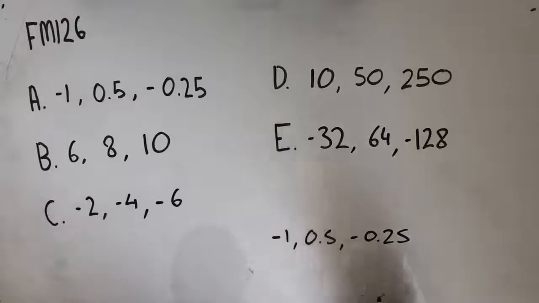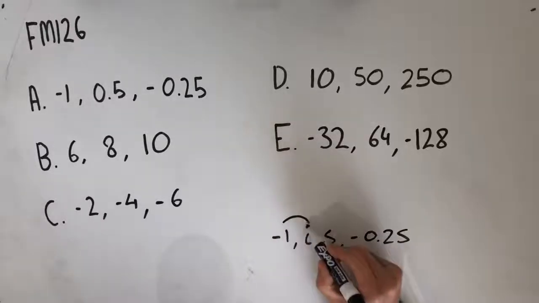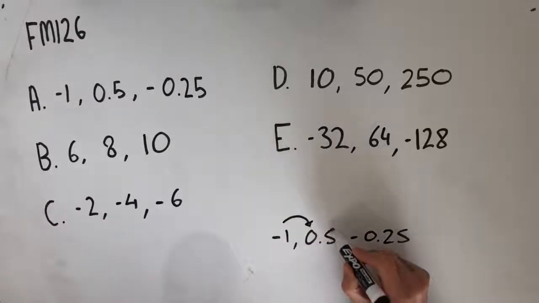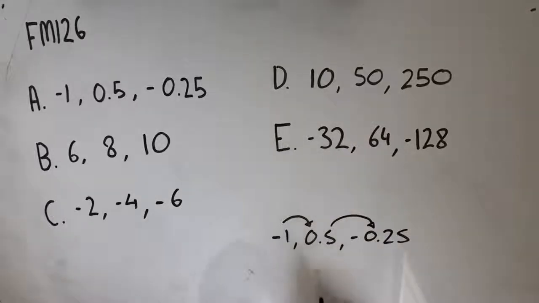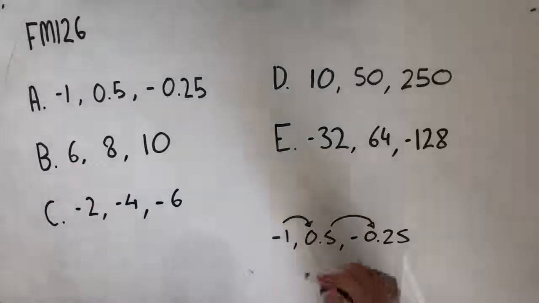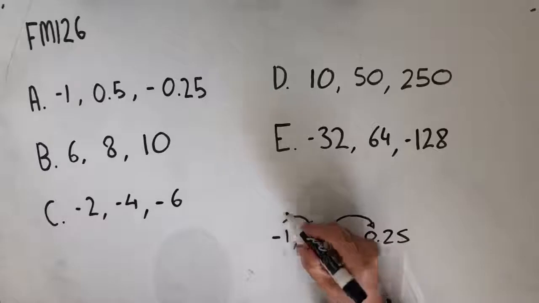It is a geometric sequence, and we've got to figure out now what is taking our sequence from one step to the next. So you could do this by dividing the next term by the term before it. So you could divide 0.5 by -1 or -0.25 by 0.5, and the answer you're going to get is going to be a -1/2.